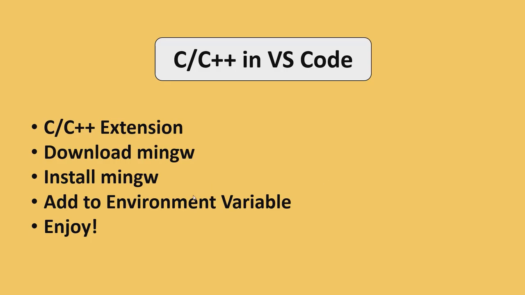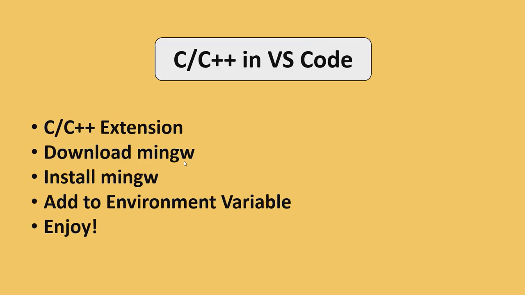First of all, what we need is a C++ extension which is already available in VS Code, which will do the syntax highlighting, these kind of things. Then we will need a compiler. For compiler, we are going to download the MinGW. This is like minimalistic GNU for Windows.